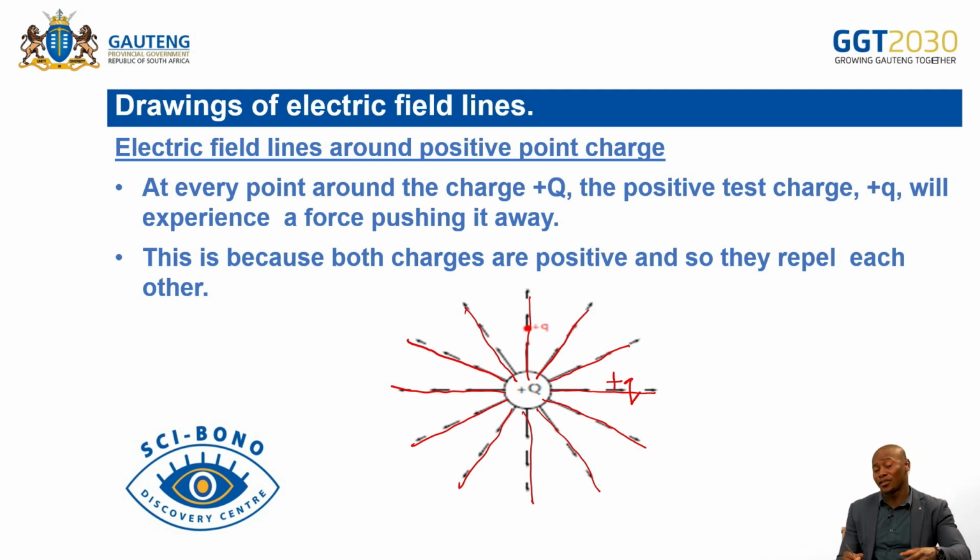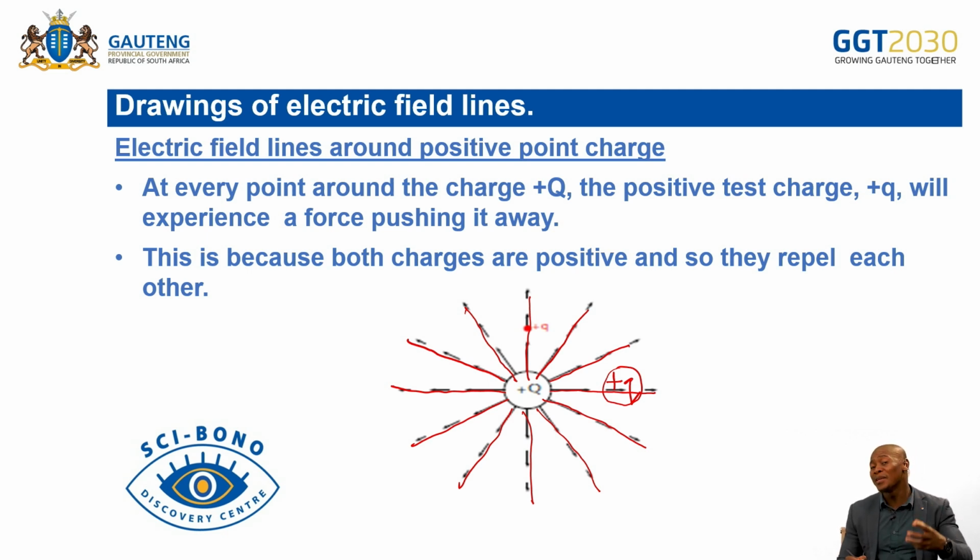Now, ask yourself a question. Remember, you have knowledge of what happens to like charges and what happens to unlike charges. Unlike charges attract, like charges repel. So now you have this positive test charge, and you want to determine the direction of the electric field.